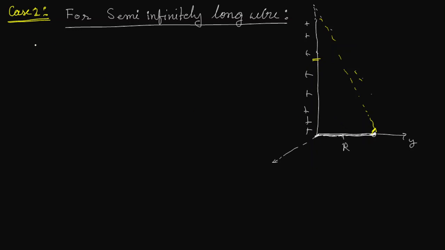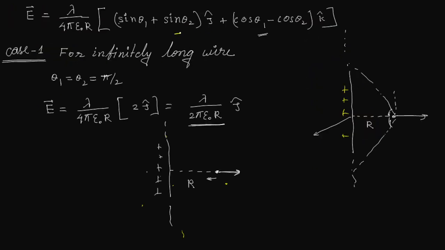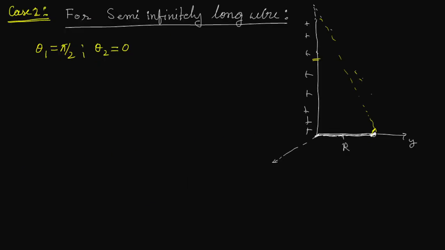So in this case, theta 1 will be 90 degrees and theta 2 will be 0. Again, if we put the values of theta 1 and theta 2 in this general expression, then we'll get the value of the electric field at this point because of this semi-infinitely long wire.